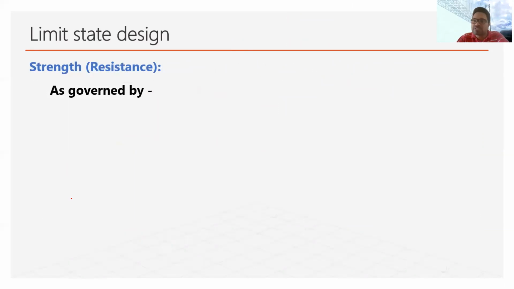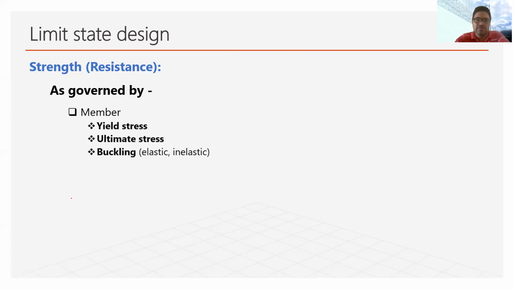Similarly, if we talk about the strength, we apply some factor on the strength, which is also known as the safety factor, and we represent that factor as gamma M. This strength can be governed by different criteria like the yield strength. I think I have already mentioned what is yield strength, ultimate strength, and buckling.